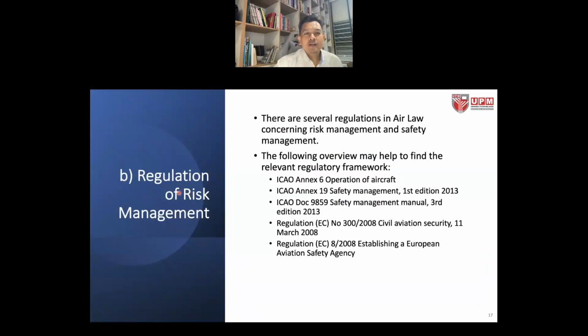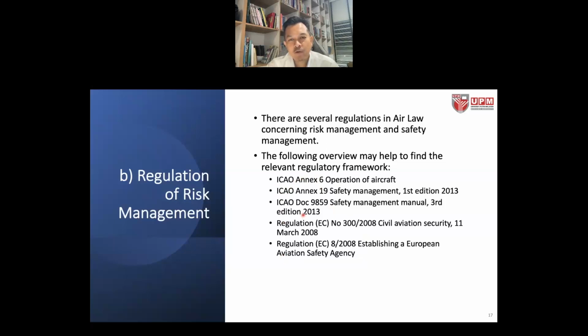So, the regulation of risk management. There are several regulations in air law concerning risk management and safety management, but we are not going into the detail of all these safety aspects. ICAO Annex 6, operation of aircraft. You can easily download all of these documents and look into the respective document so that you can really understand what's going on.